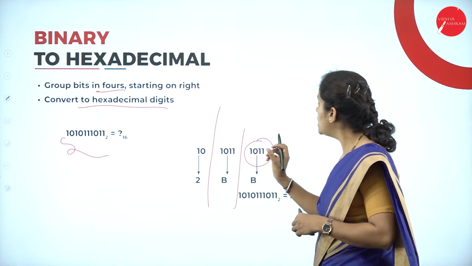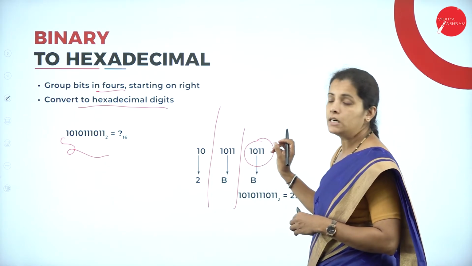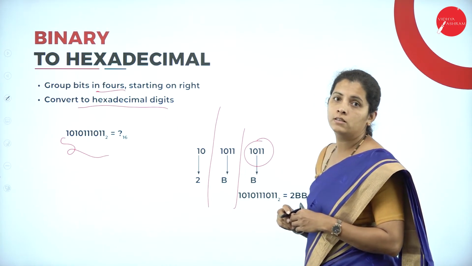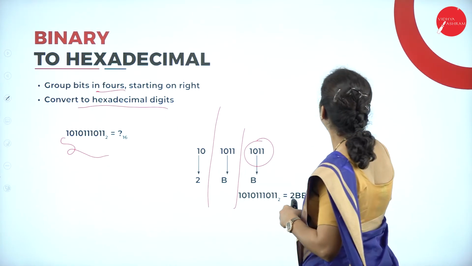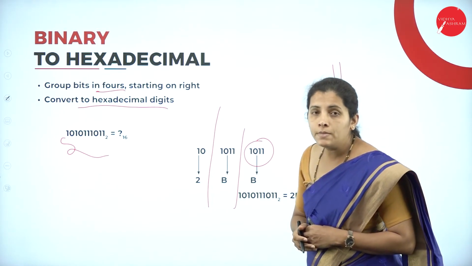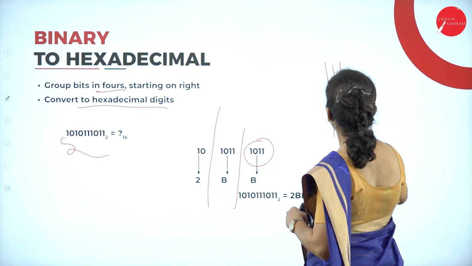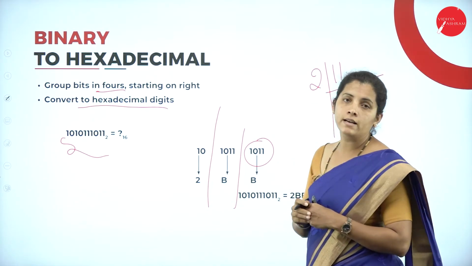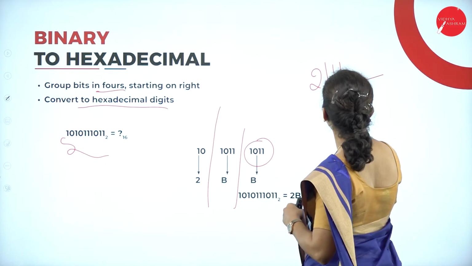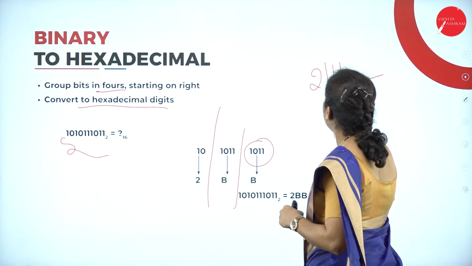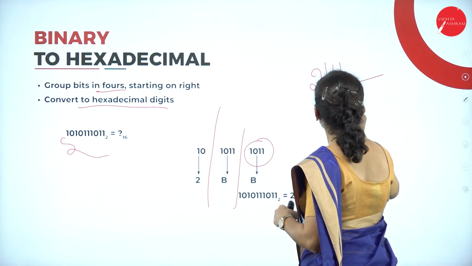So here 1011 means it is B. B means how much? It is 11. I repeat, it is decimal number 11. So cross verify. I'm going to divide 11 by 2. 11. That is 2 5s are, it is 10.